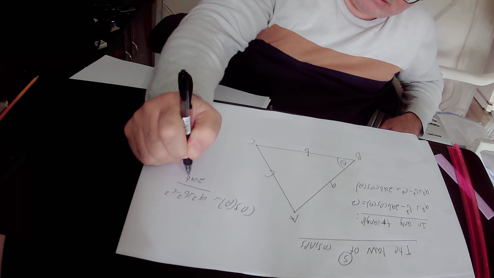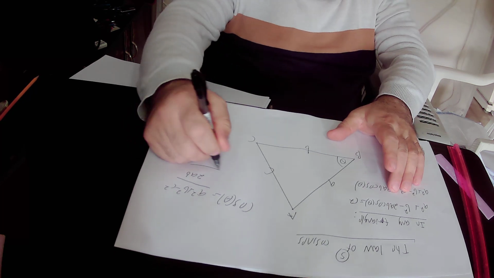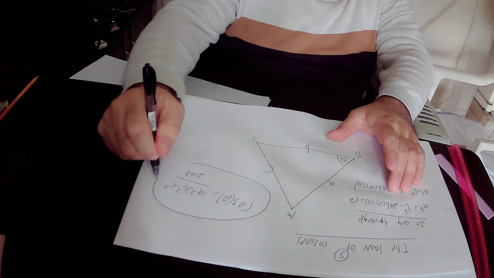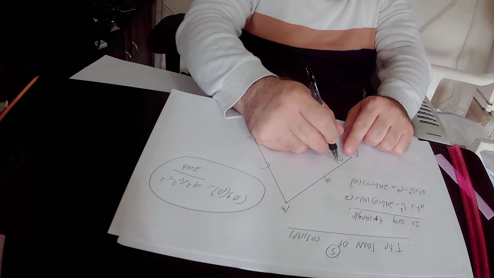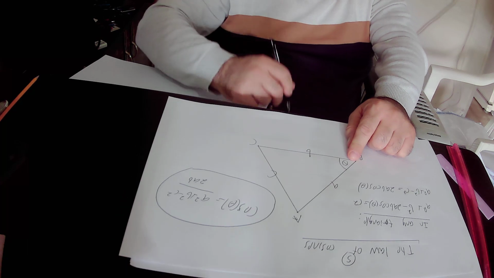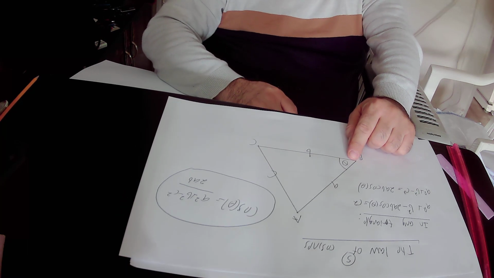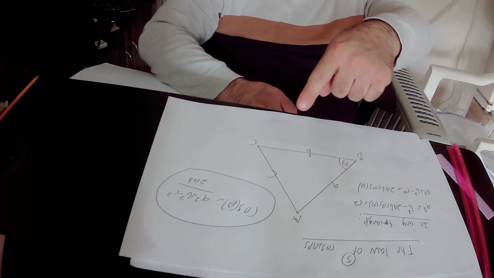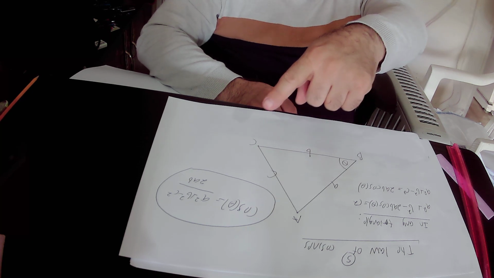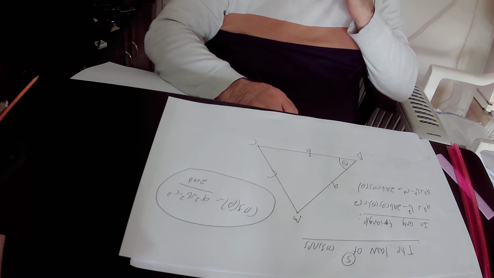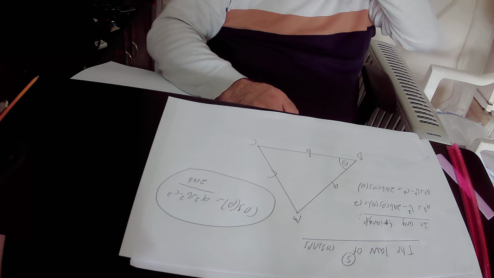And this formula is true in any triangle. Again, cosine theta, the cosine of this angle, equals to A square plus B square minus C square over 2 times AB. Okay?